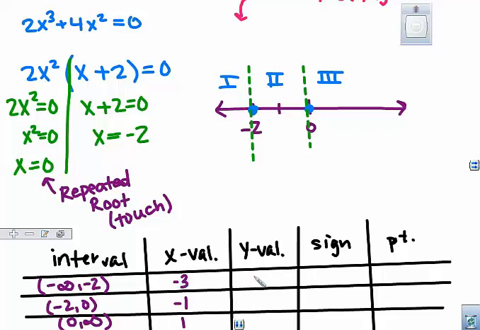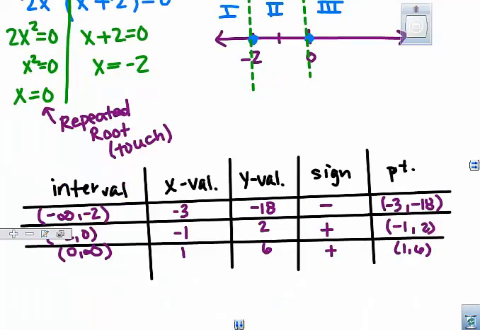Okay, so you should get a negative 18, 2, and 6. That is a negative, positive, positive. The points are negative 3, negative 18, negative 1, 2, and 1, 6.